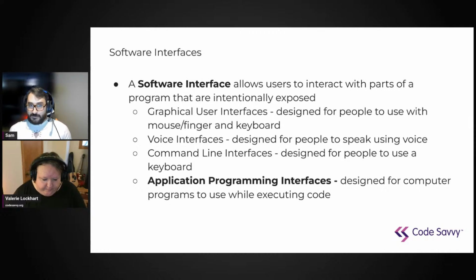And all of those are for people to use, and there are special types of interfaces that are designed for computers to use, and that's what we call an application programming interface. So an API is designed for computers to interact with other programs while they're executing their own code.